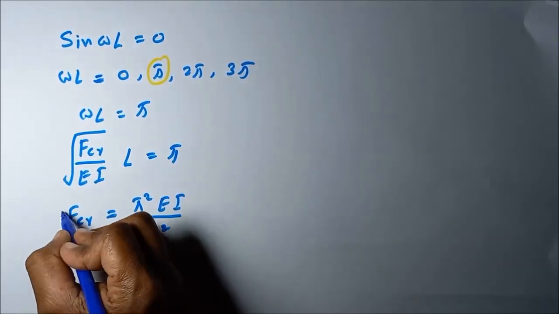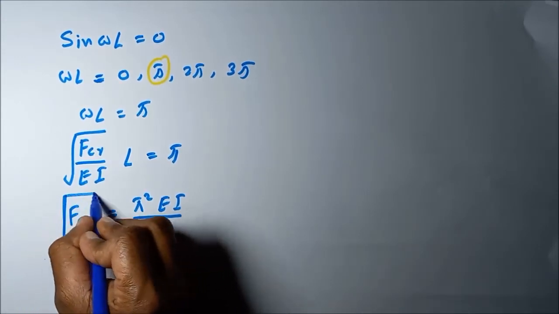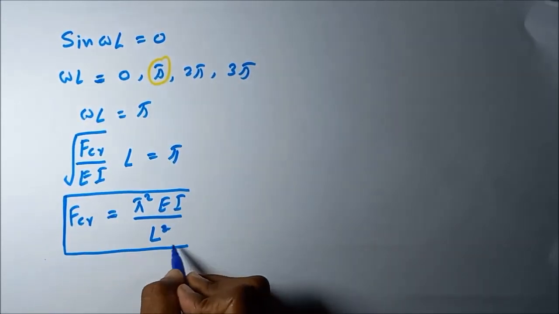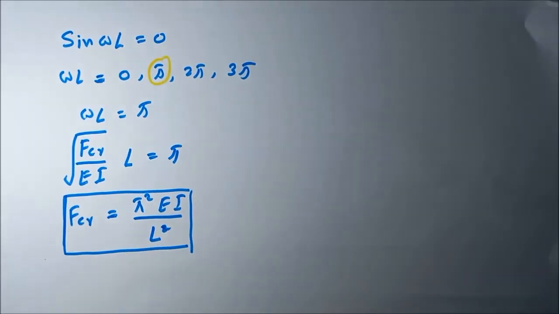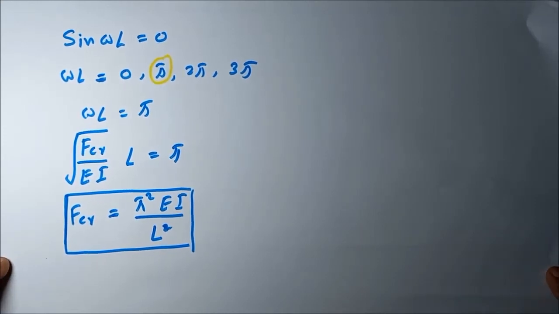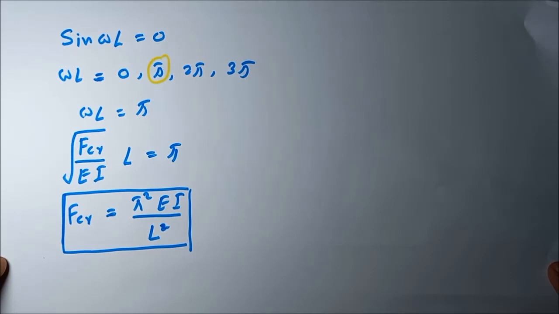This is the equation we are getting for the buckling load. This is how we obtain the buckling load equation using mechanics theory. I think you all got a very clear idea of how to obtain it.